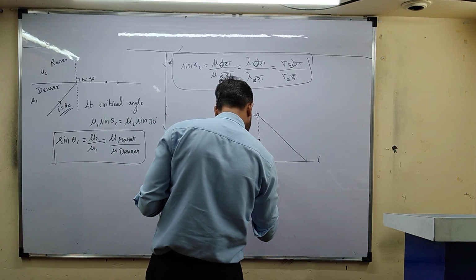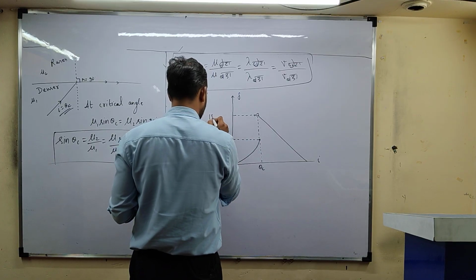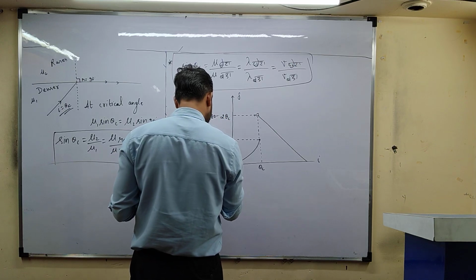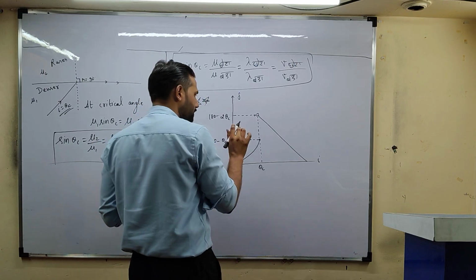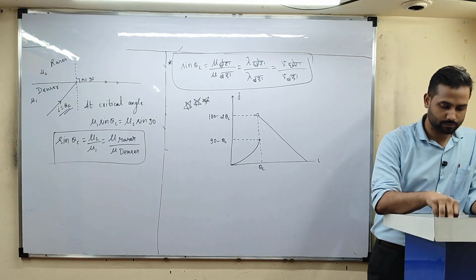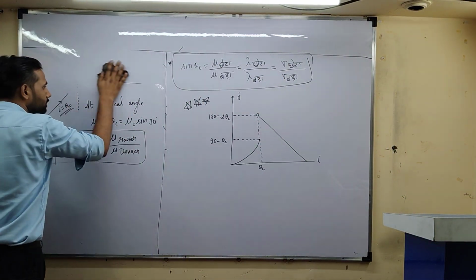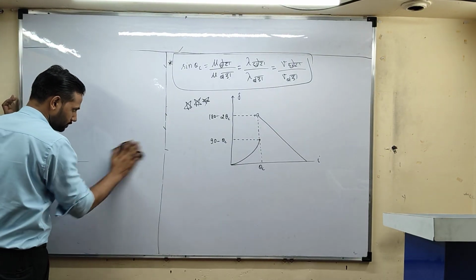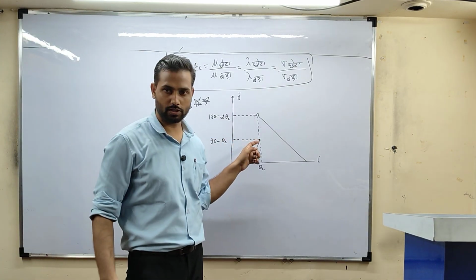Theta c, here 180 minus 2 theta c, here 90 minus theta c. This is important graph, just remember that. Here the graph is not continuous.